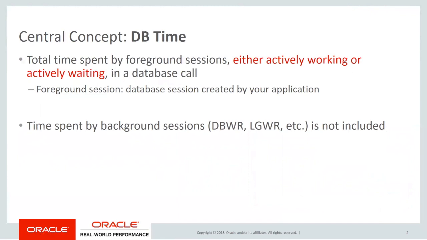We also have time spent by background sessions, database writer, log writer, etc. The time spent by those background sessions is not included in DB time. DB time only gives you a figure telling you how much time the foreground sessions have been spending inside the database during this snapshot interval that we're looking at.